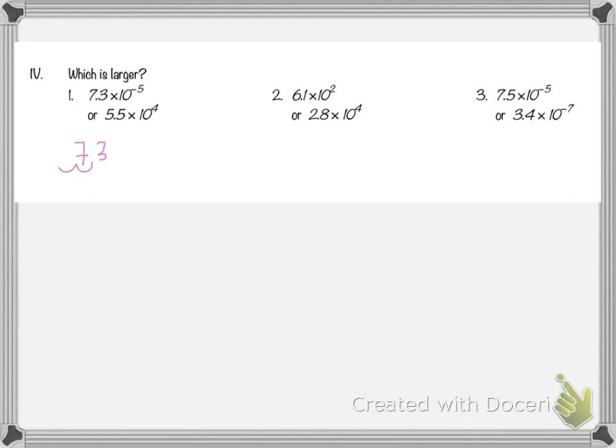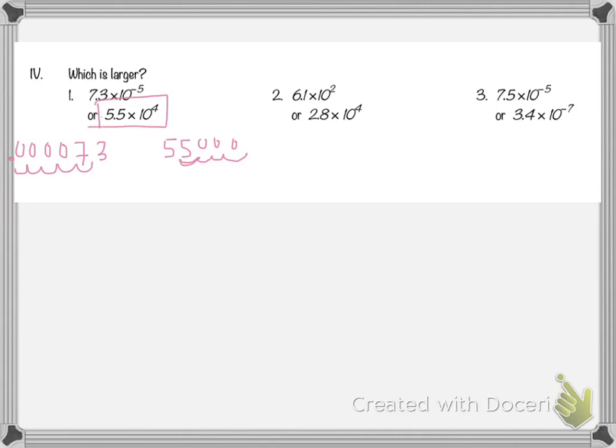That means 1, 2, 3, 4, 5. So it's going to be a really small number, and this 5.5 is going to be a very large number because that's a positive exponent. So 1, 2, 3, 4. So when I compare these two numbers, it's easy to tell which one is going to be larger. The one here with the positive exponent is going to be the larger one.